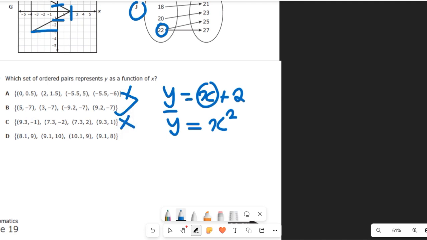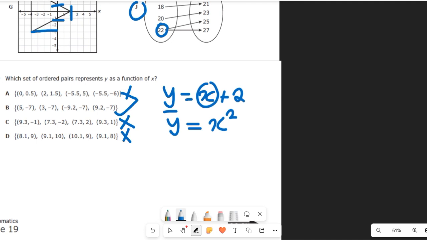Now in this one, we have the same value of x giving us different outputs, right? That is not a function, because the rule is that each value of x should give us exactly one value of y.